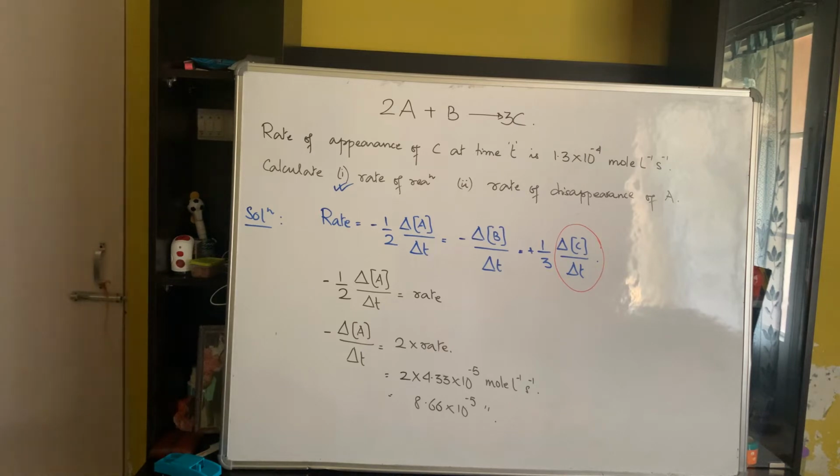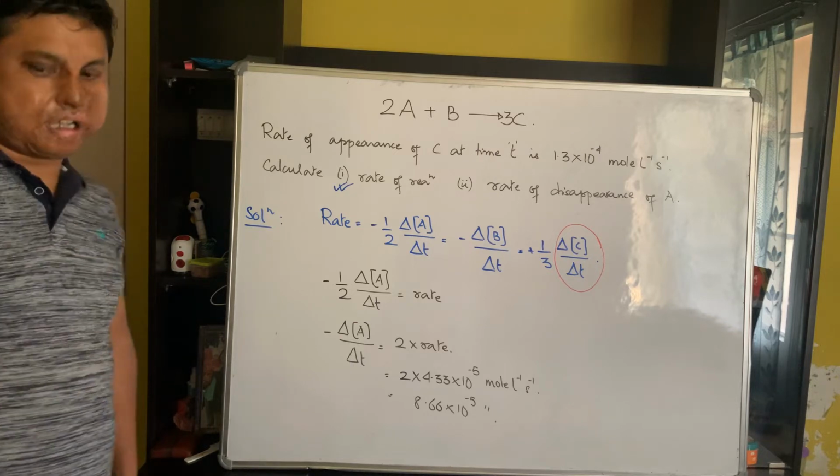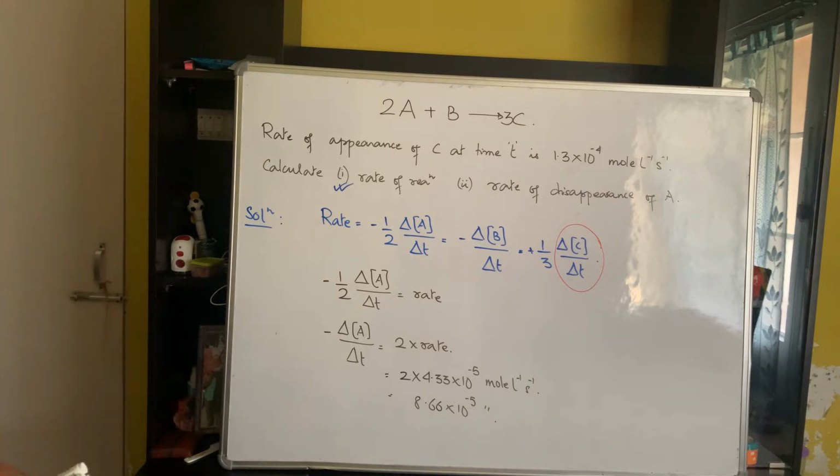So now we are in a position to express the rate of a reaction in terms of concentration of reactant and in terms of concentration of product for any kind of reaction. So practice more numericals out here.